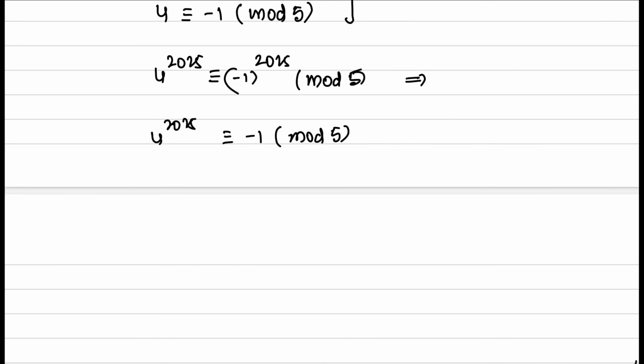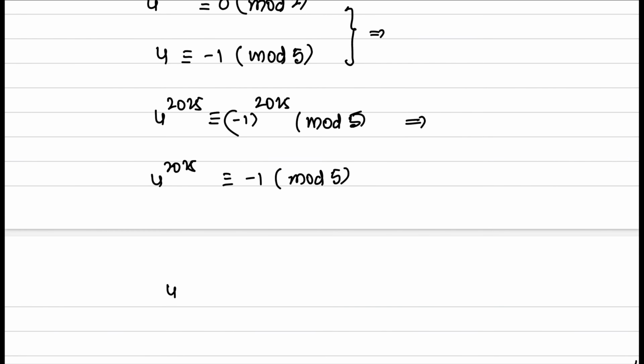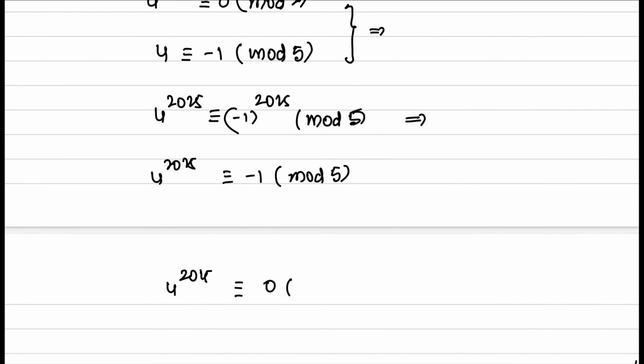Here we have got another value also, 4 to the power of 2025 is equivalent to 0 mod 2. That implies this 4 to the power of 2025 equivalent to minus 1 mod 5 becomes 4 to the power of 2025 equivalent to 4 mod 5.